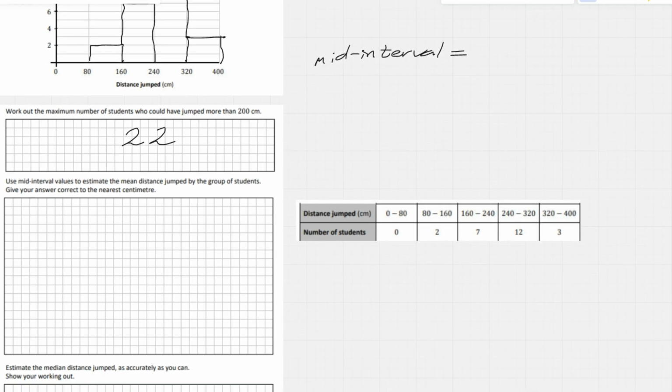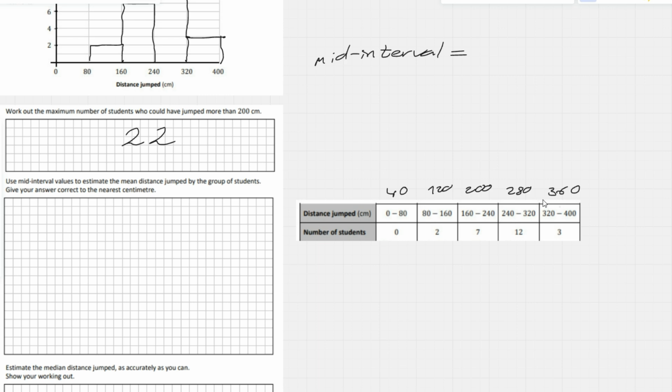So what we'll have to do is assume all the people that jump between 0 and 80 actually jumped 40. For these, 80 to 160, we'll assume they got 120, and so on. So I'm just going to fill these in here. So this will be 280, and this here will be 360.